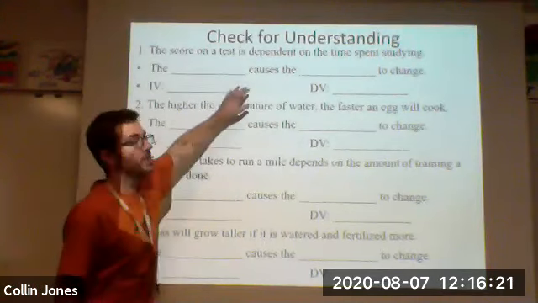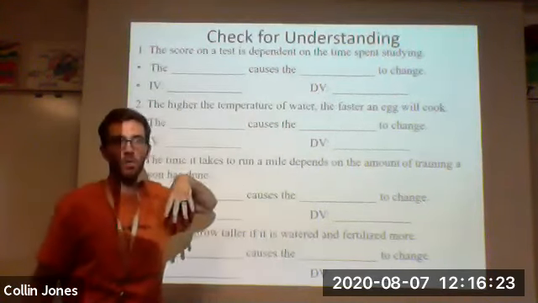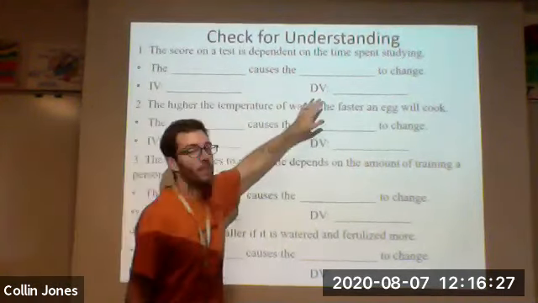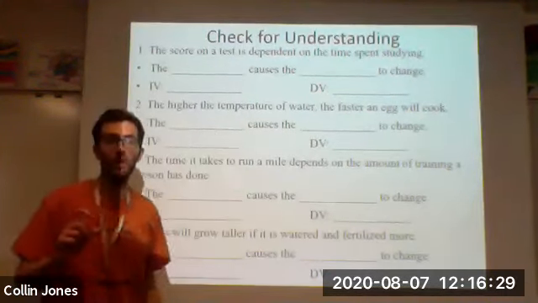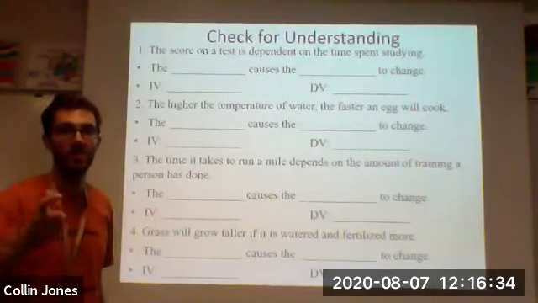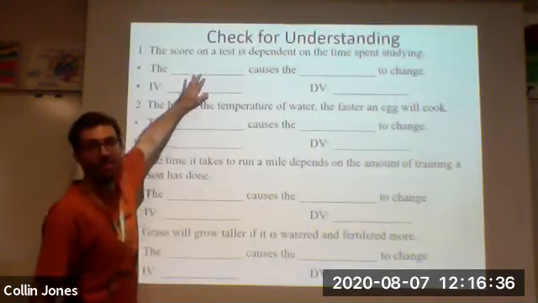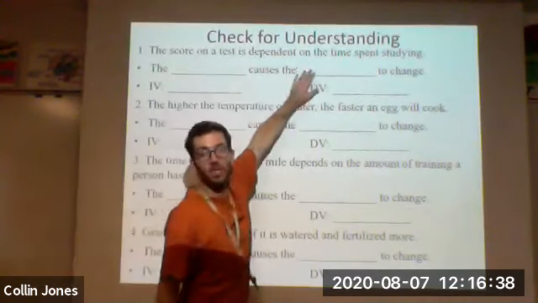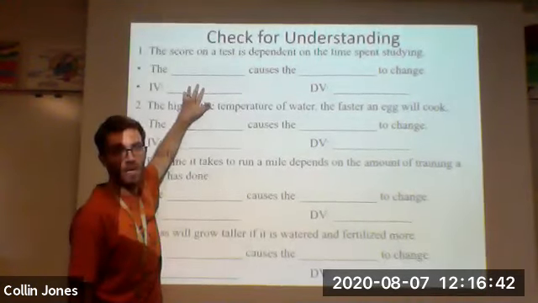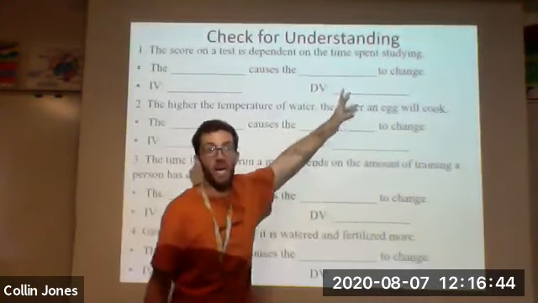So what is causing what to change? Well, the independent variable is the thing that's making the dependent variable change. The independent variable is the thing you have control over, the thing you can manipulate and change. So in this scenario, the time spent studying causes the test score to change. So the independent variable would be studying time, and the dependent variable will be test score, okay?